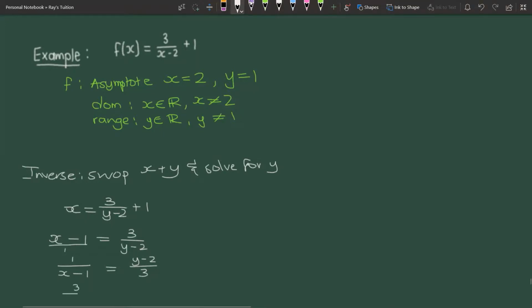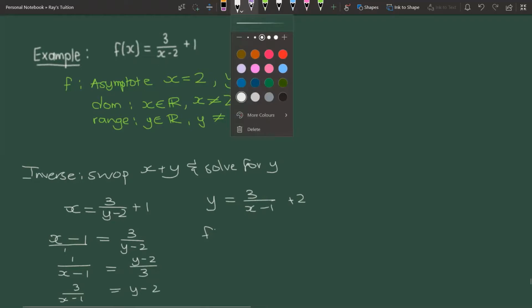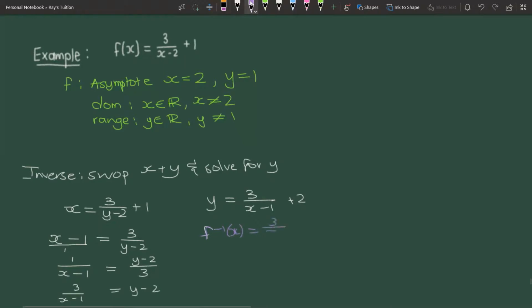So I get 3 over (x minus 1) is equal to y minus 2. And finally, I'm going to take that 2 over, so I have y = 3 over (x minus 1) plus 2. So our inverse's equation is f inverse of x = 3 over (x minus 1) plus 2.